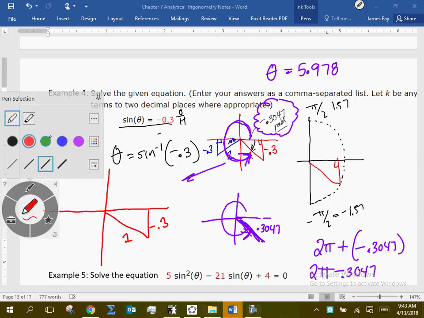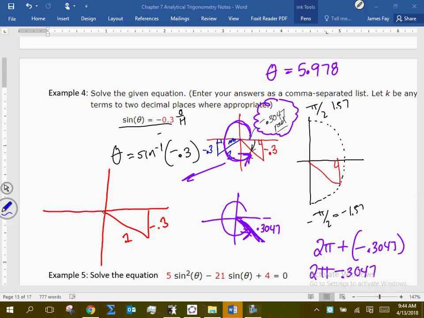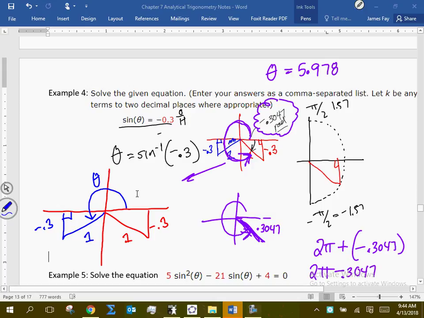We also said that we could have this angle over here where this is negative 0.3 and this is 1. And now try to figure out what that theta would be. Does that make sense to everybody? Okay? Because the calculator is not going to give that one to you. Okay? The calculator really didn't even give you the red one. You had to do some work to get that red one, right?